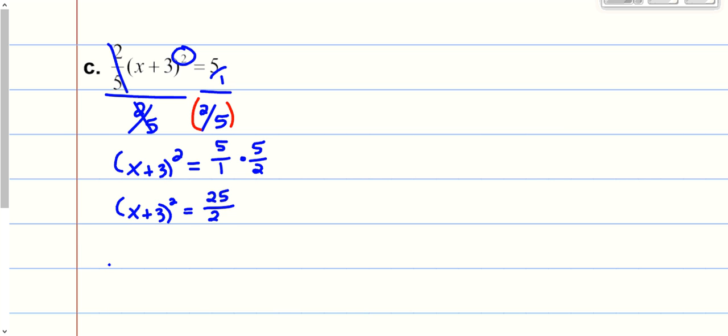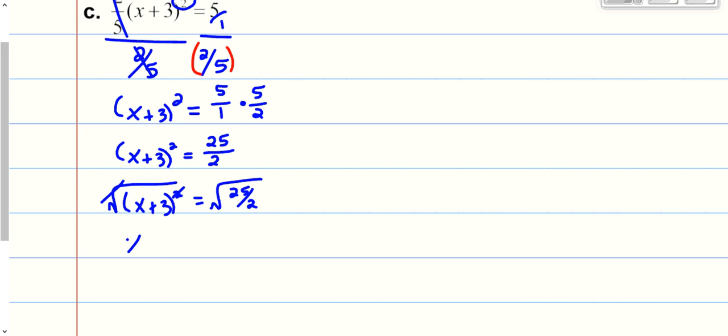So now go ahead and take the square root of (x plus 3) squared and take the square root of 25 over 2. I know that x is not by itself over here, but we have a (x plus 3) squared, so the next thing we have to do is get rid of that square. So those cancel, just like before.